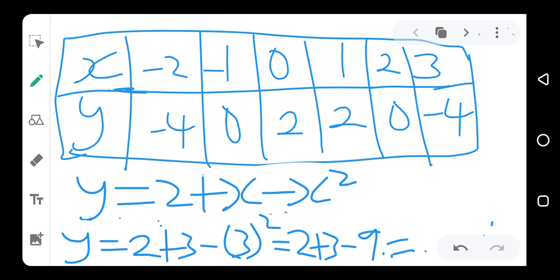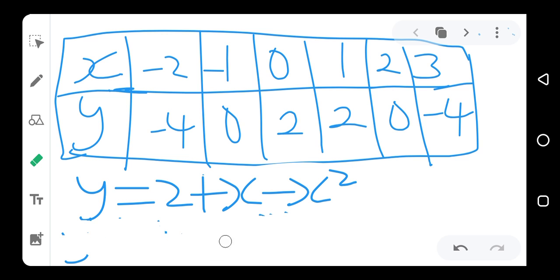Which is equal to 5 minus 9. 5 minus 9 will give us minus 4. That is why we have it as minus 4 when x is equal to 3. So that is how I completed this table of values, getting the values of y.